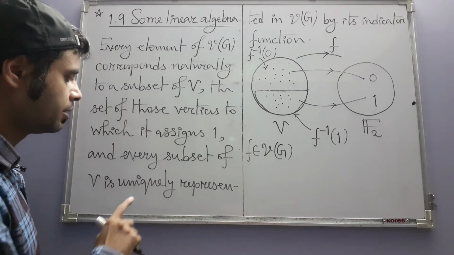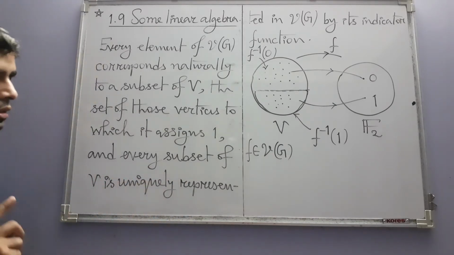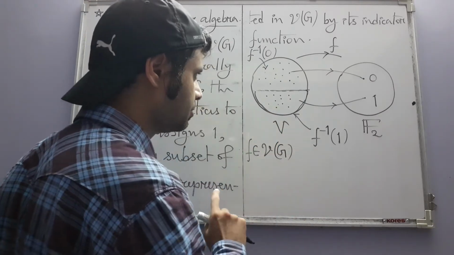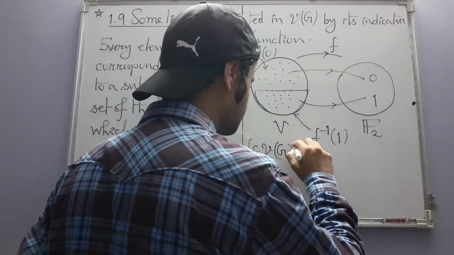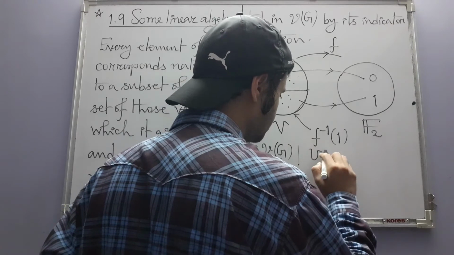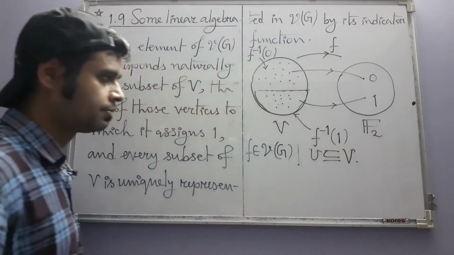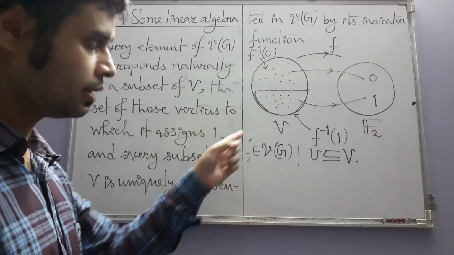And conversely, now there is a converse also. If on the other hand you are not starting with a function, but rather you are starting with a subset of V itself, so this is one thing. On the other hand, say you have a subset U of V. Is this U coming from such a function in this manner?